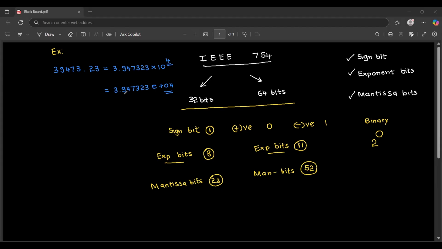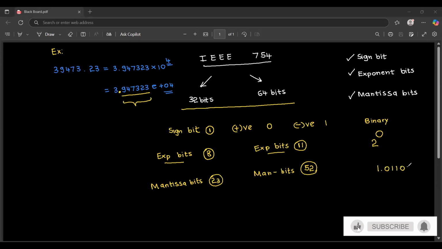Well, the things that you have after the decimal point. After this point, we have several numbers, right? This is what we call Mantissa. In binary, it's going to look like 1.01101, something like that. We have 23 bits to represent in the 32-bit system and 52 bits in the 64-bit system.